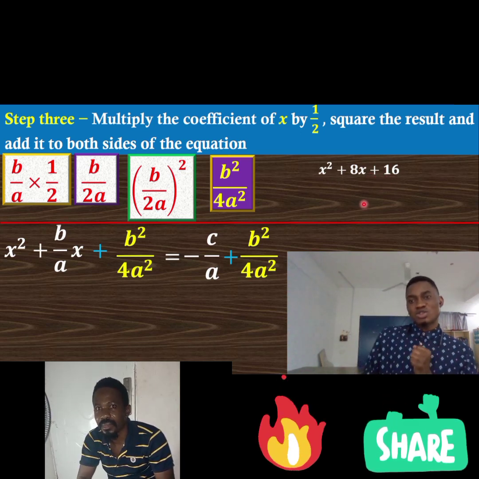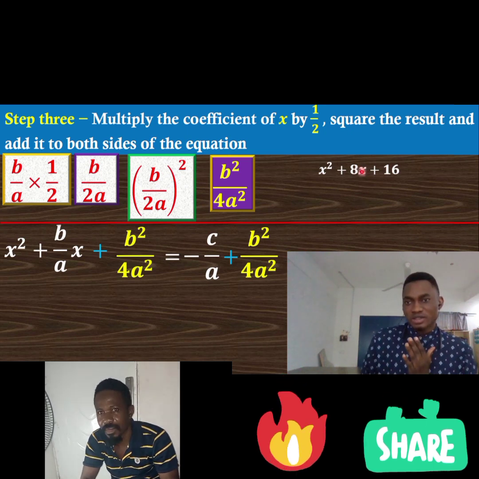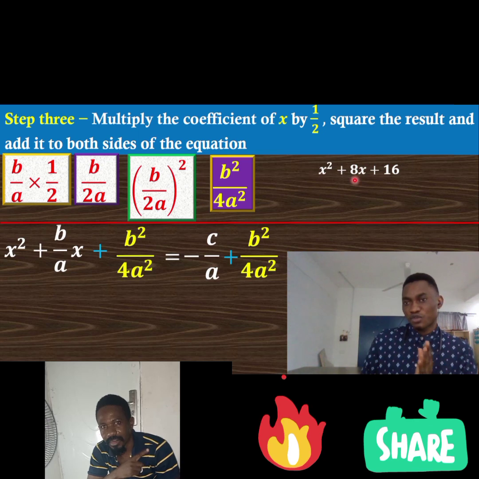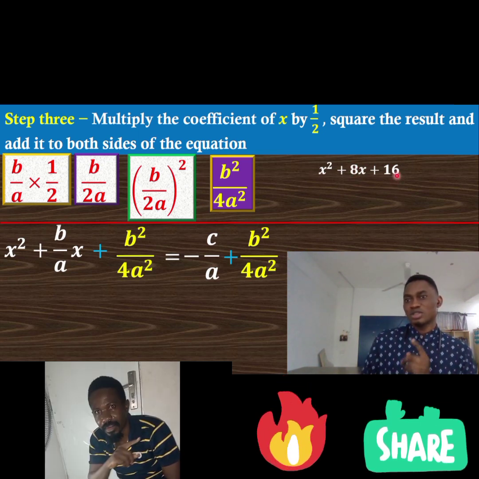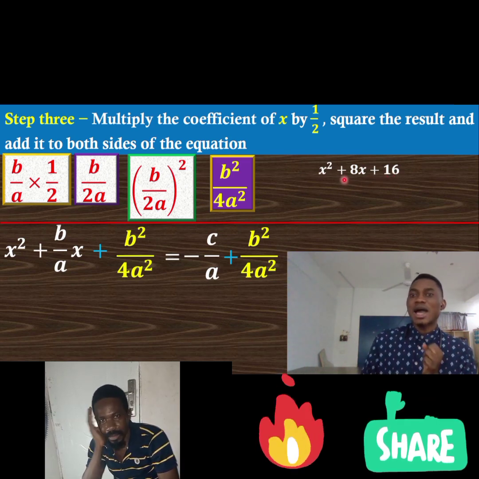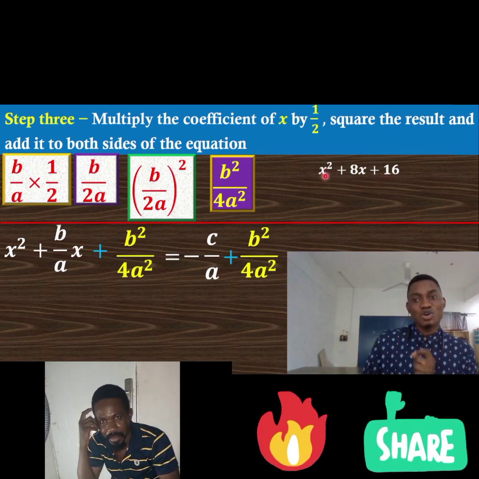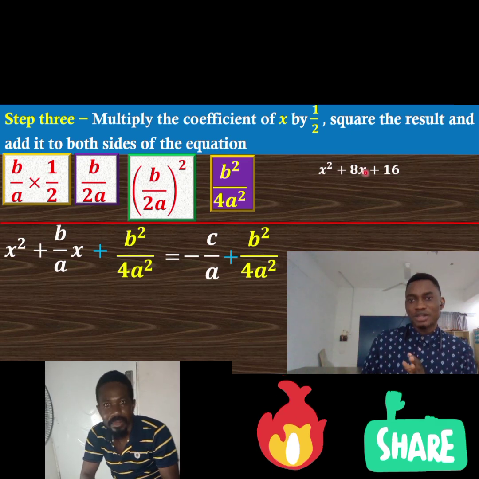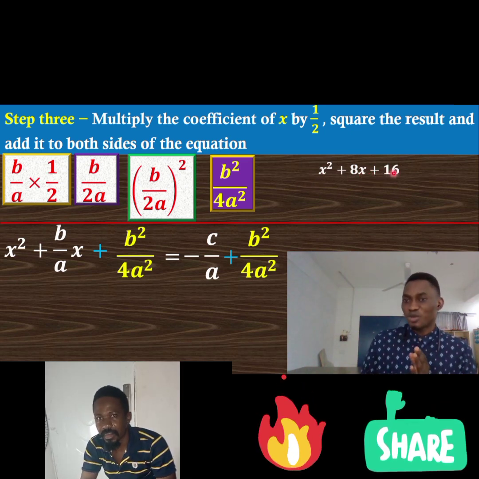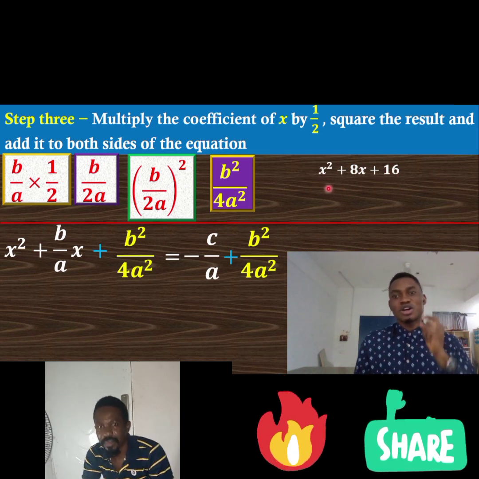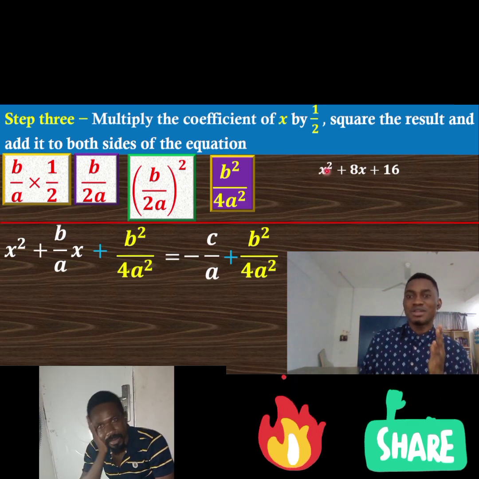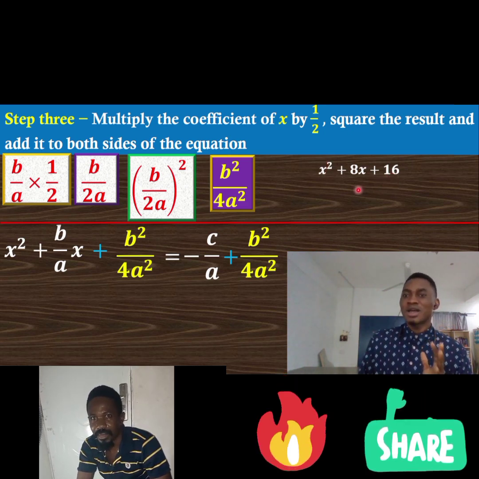Okay, let's look at the coefficient of x, which is 8. Let's divide it by 2 to give us what? 4. 4 squared is what? 16. Okay, so if this is true and the first term is also a perfect square, then the expression is a perfect square trinomial. Okay, so all perfect square trinomials must have the first term and last term as what?